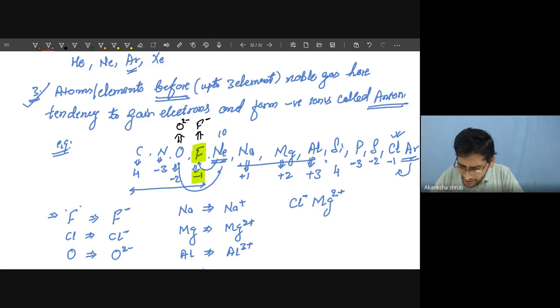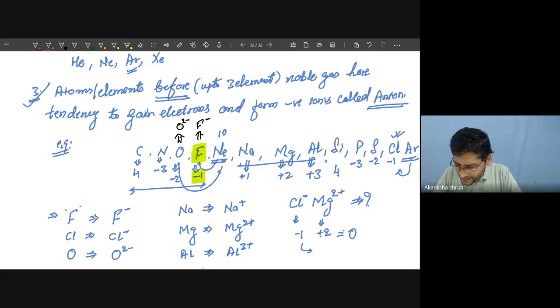Now if chlorine is combining with magnesium, then what will be the formula? For that, the charge has to be neutral. Student, from chlorine the charge we are getting is -1, but from magnesium the charge is +2. So when these two charges lead to 0, how can this produce 0? You are free to multiply any of these.